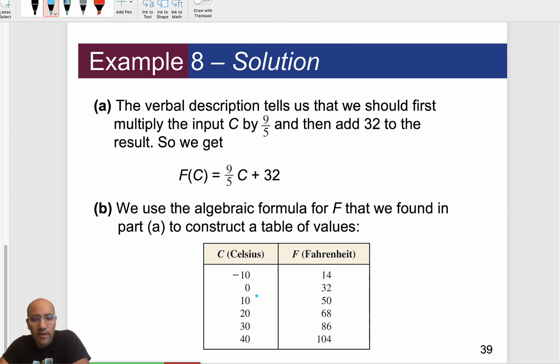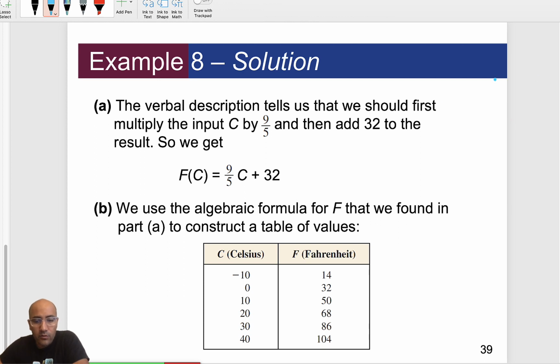A little table of values. They chose different ones. I chose 0, 5, right? Looks like the author went by multiples of 10. That's fine. Another good choice, since 5 goes into 10, and we get some easy evaluations there, right?